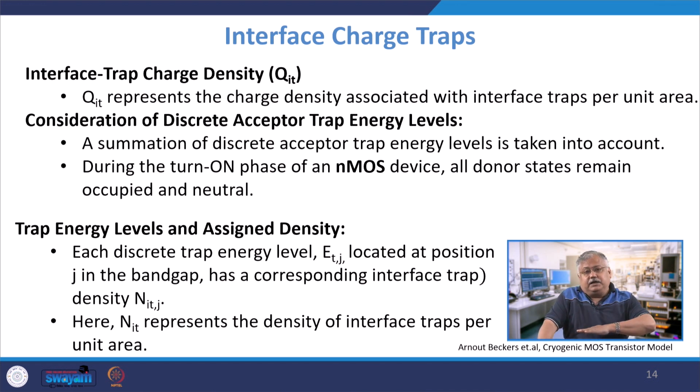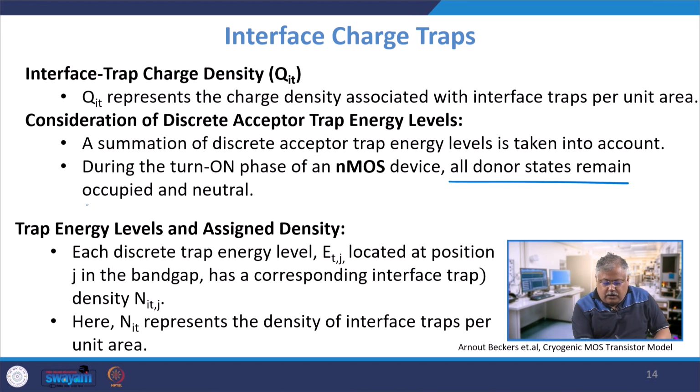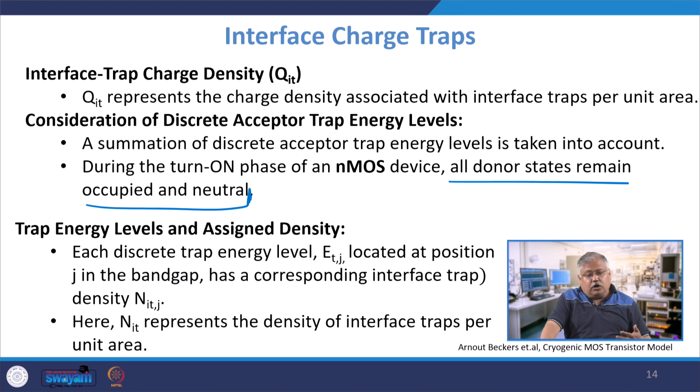If the temperature is very high or very low, then the trapping probability changes with respect to temperature. When you switch on the NMOS device, all the donor states actually remain occupied and neutral, right. So what are the donor states? Those which have donated one electron, right. Now they have not donated at turn on phase. When the gate voltage switches on more than the threshold voltage, my donor states remain occupied.